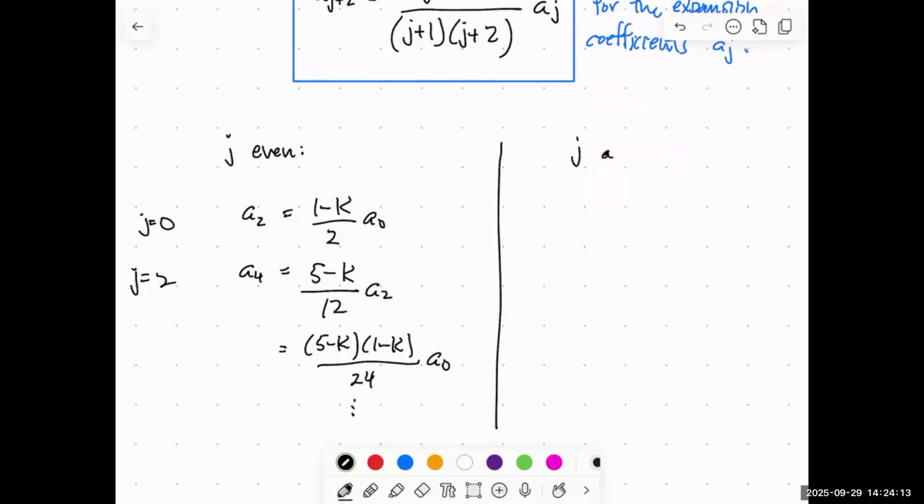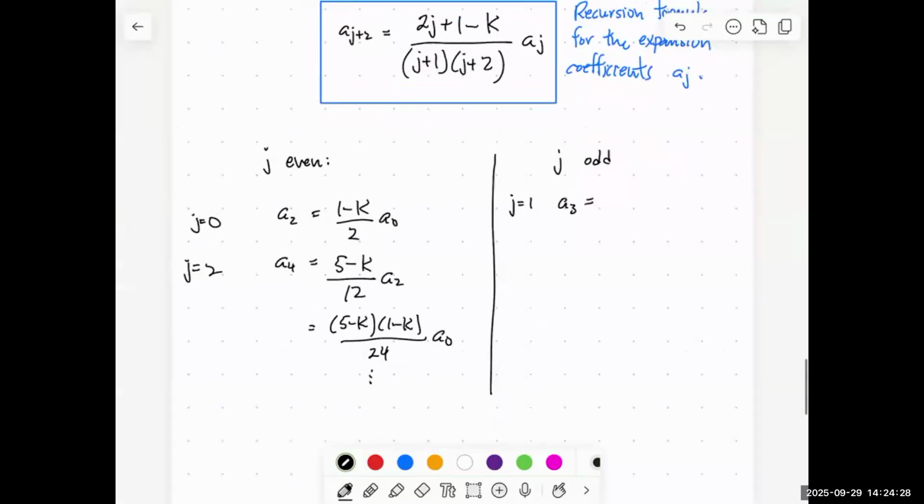So let's do the j odd case. If I wanted to get a_3, I would pick j equals 1. With j equals 1, I get 2 plus 1 is 3, so 3 minus k, and I divide by 2 times 3, which is 6, and that's a_1.